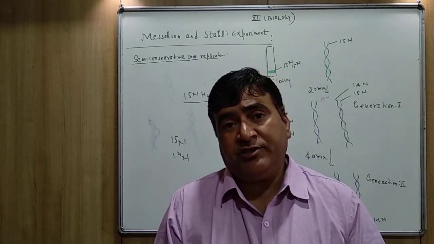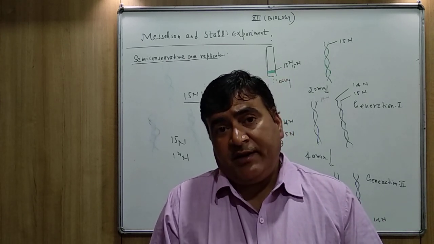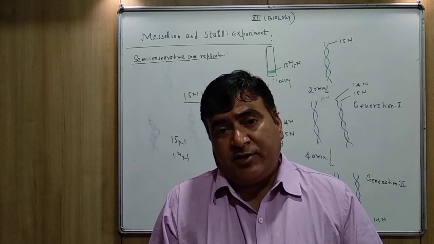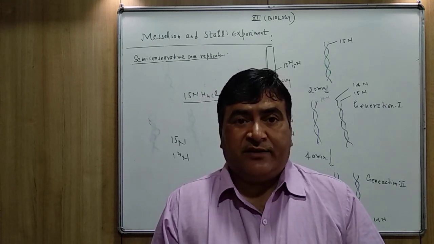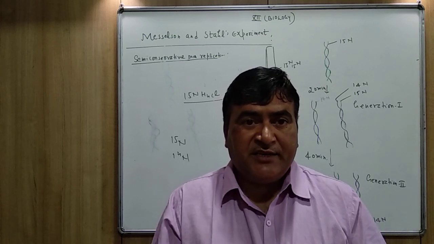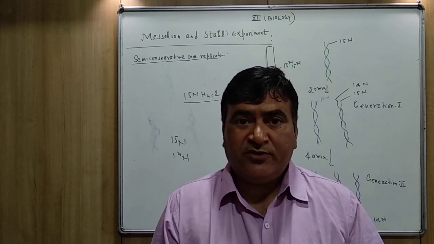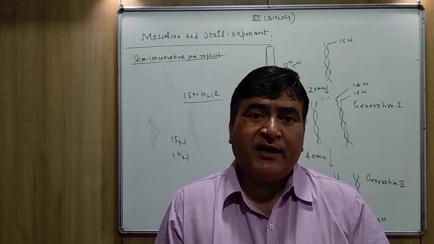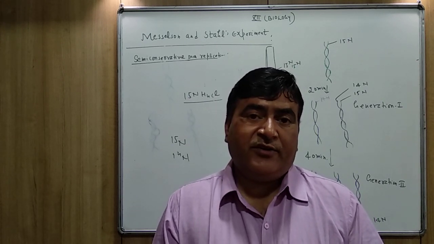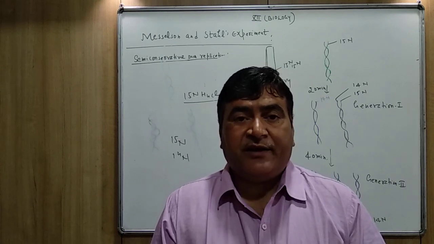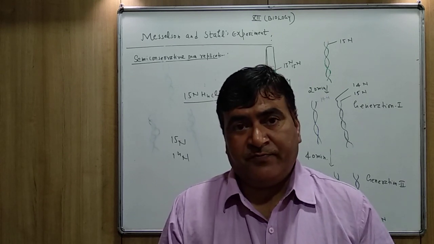And when he used the 15 nitrogen isotope, the nitrogen is already present in the nucleotide of the DNA. As you know, nitrogen bases are to be there, and all these nitrogen bases, the nitrogen, were retained by the 15N isotope.